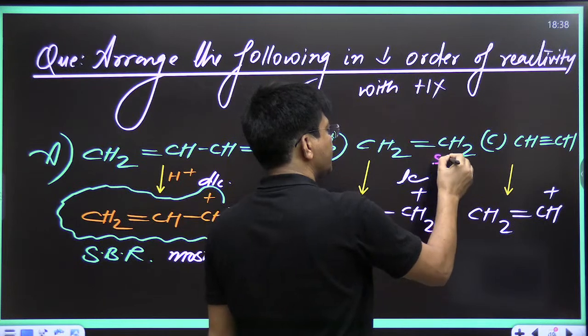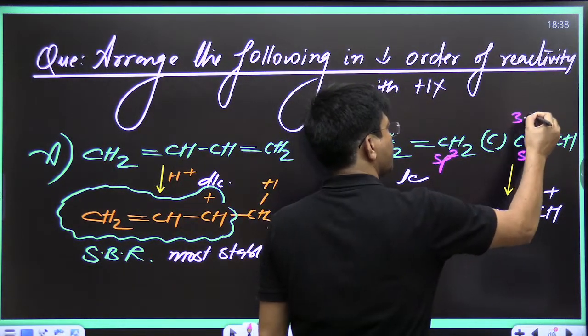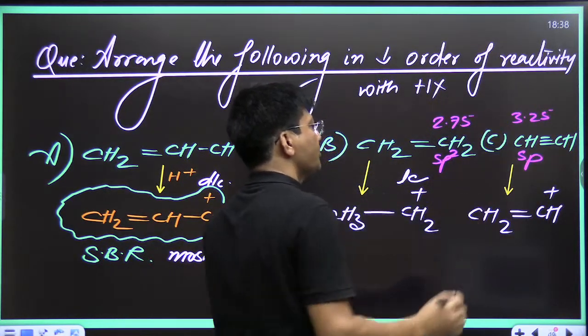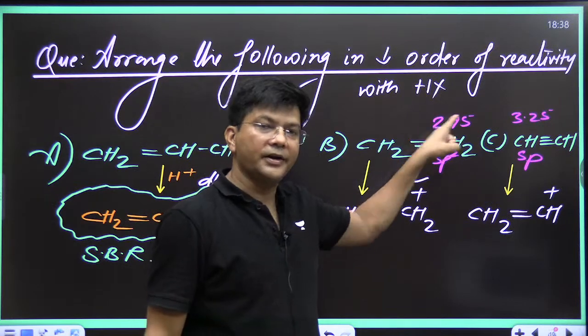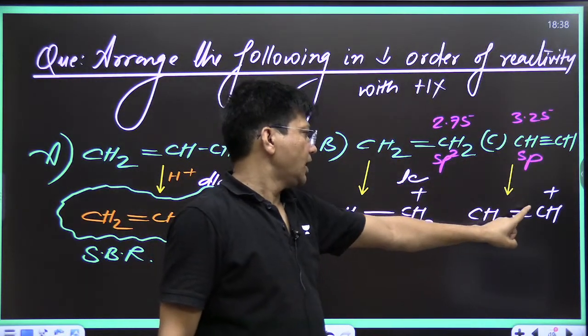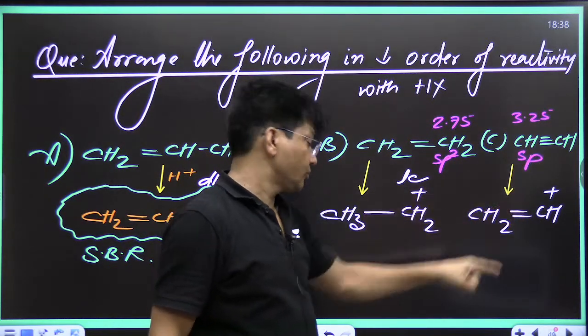This is sp2 hybridized and this is sp hybridized, with electronegativity 2.75 and 3.25. You have to remember these values. These values are really very important. So this is the more electronegative carbon.